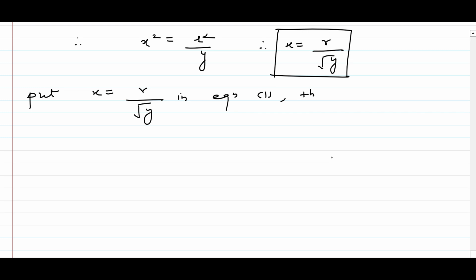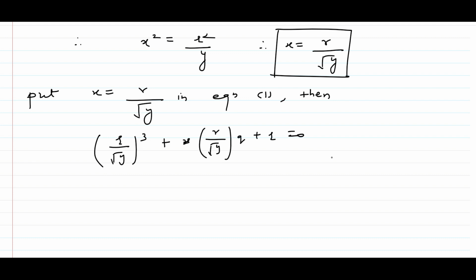Then our equation will be x cube, that is r upon root y to whole cube, plus that is r upon root y multiplied by q, plus r is equal to 0.